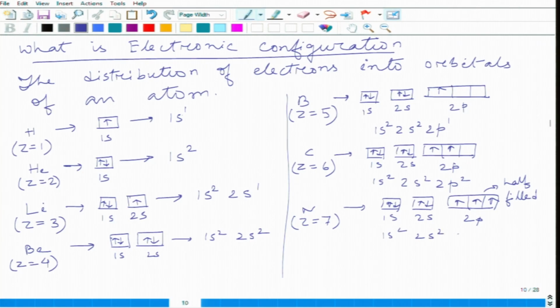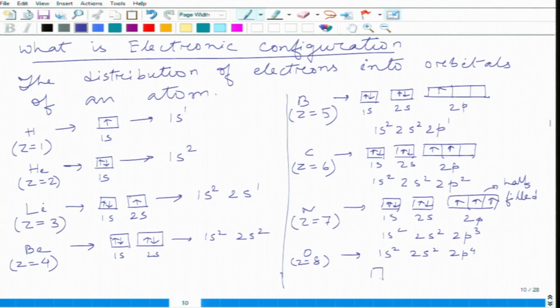Now, if we write oxygen and fluorine, oxygen will be 1s2, 2s2, 2p4.